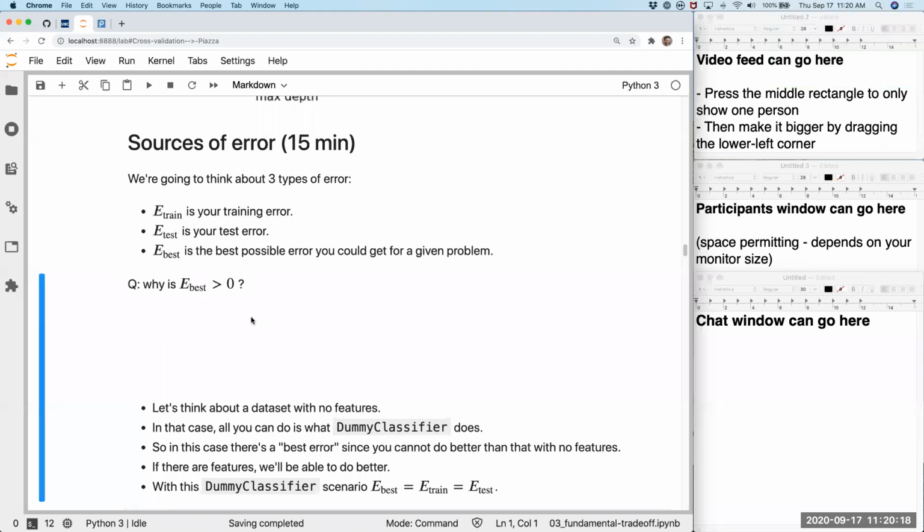Hi, just a clarification on E-best. Is it talking about the highest error or the accuracy? Is it in terms of the training data or the test data? I'm trying to avoid talking about the specific data set and just saying, what is the best?